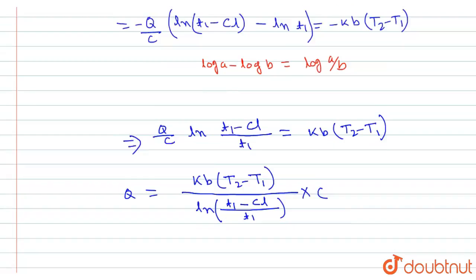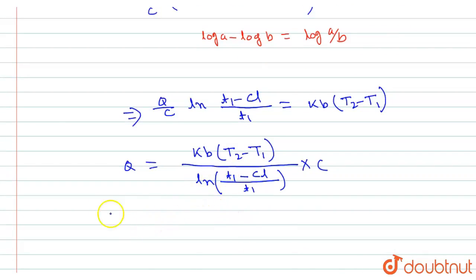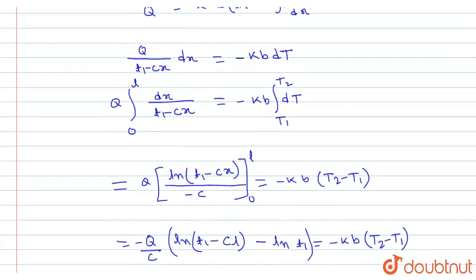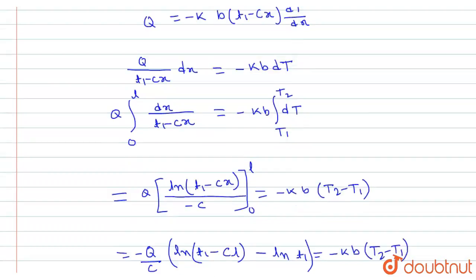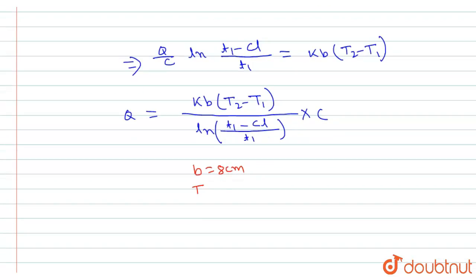Now we have to put the values. All values are given, so b is given, that is equal to 8 centimeter. T2 is given in this question, that is equal to 25 degrees C, and T1 is given, that is equal to 50 degrees C, clear?